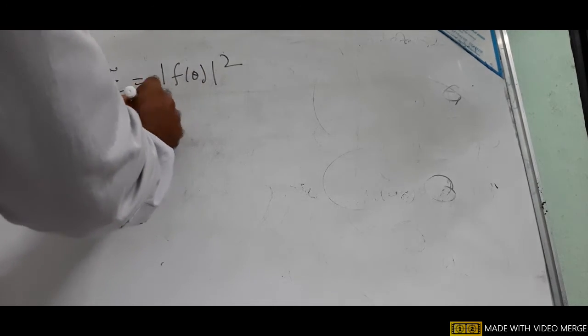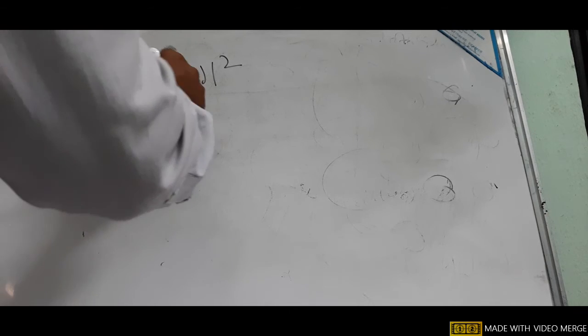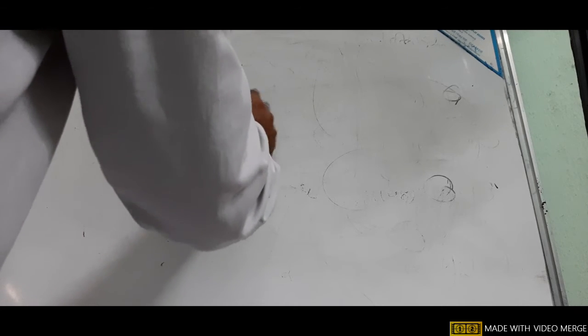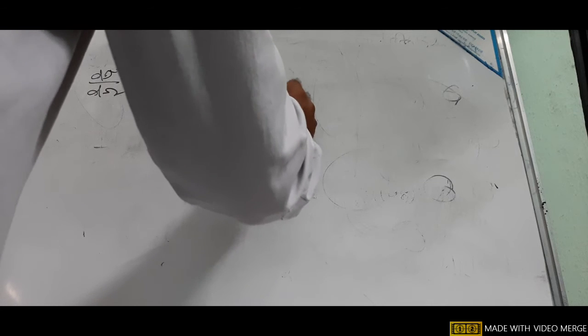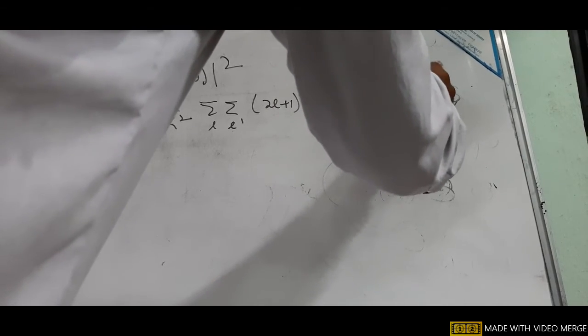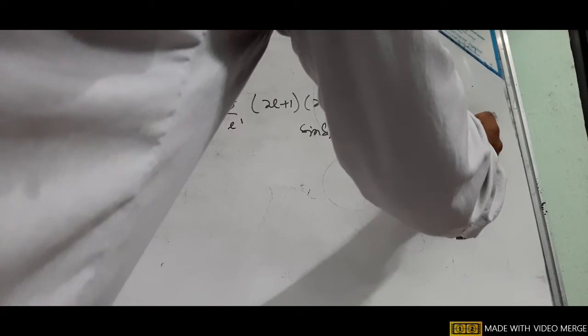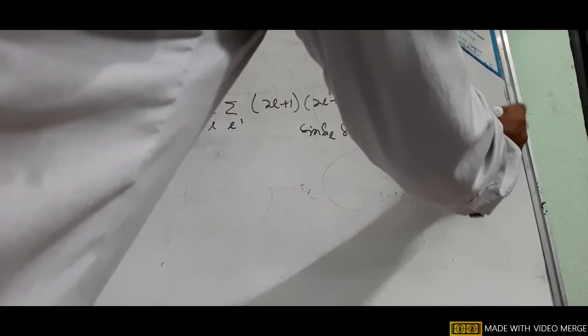So we will be getting 1 by k square, and then summation over L and L prime (2L plus 1) (2L prime plus 1), then e to the power I delta L e to the power minus I delta L prime, and then sine delta L sine delta L prime, then PL cos theta and PL prime cos theta.